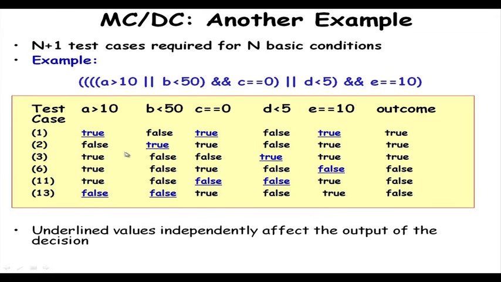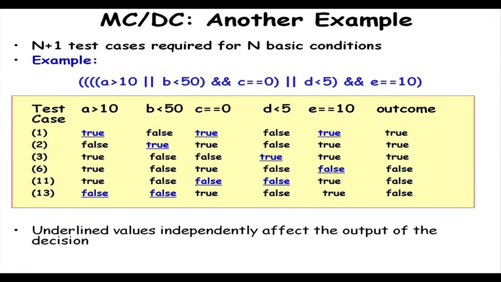Similarly, for the second basic condition, as it assumes true and false values and the rest are held at some constant value, the output toggles. So, these are the test cases which, set to these truth values, will achieve MCDC coverage.